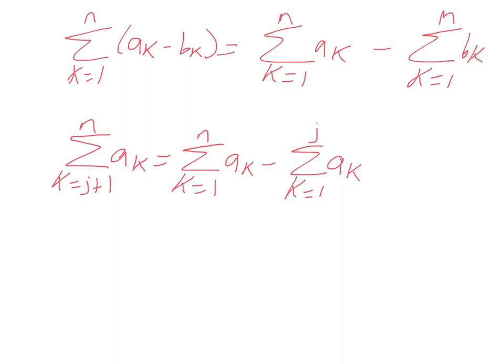And this is where 0 is less than j and j is less than n, so j is somewhere between 0 and n.